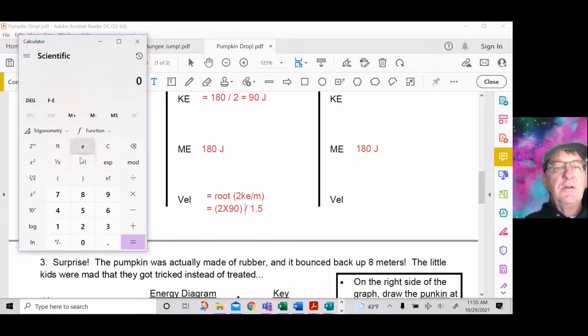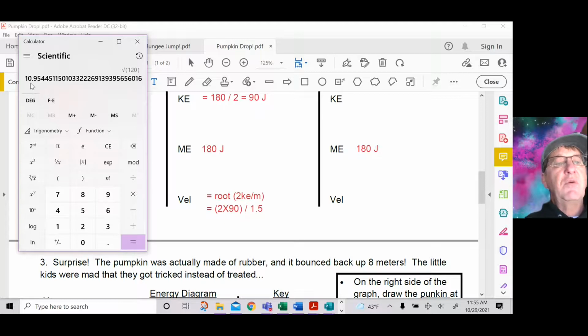So what did I say we're going to do? We're going to go 2 times 90, then hit the equals button. I'm going to divide that by 1.5. Hit the equals button, 120. Then I hit the square root sign, and it went straight to it.